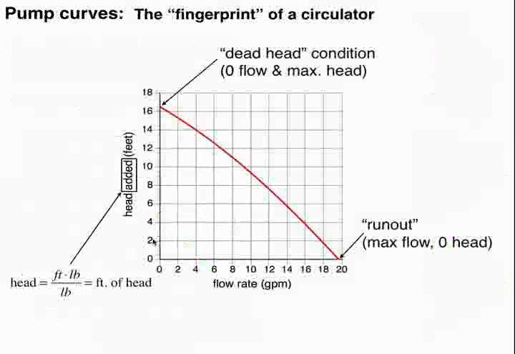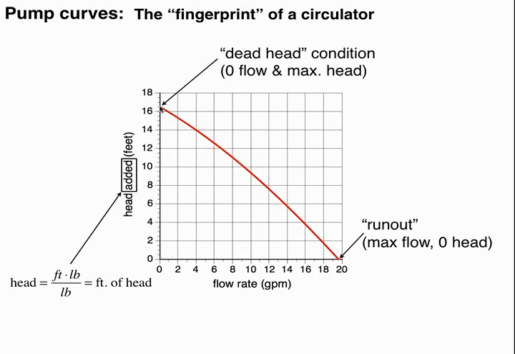Just some terminology here. Again, we're plotting head added on the vertical axis against flow rate on the horizontal axis. The point where the pump curve touches the vertical axis, we call that the deadhead condition. That's what would happen if you had an operating circulator and you simply closed down a valve on the discharge side. There's really no point in doing that. The circulator's impeller just spins and basically dissipates energy into the fluid.